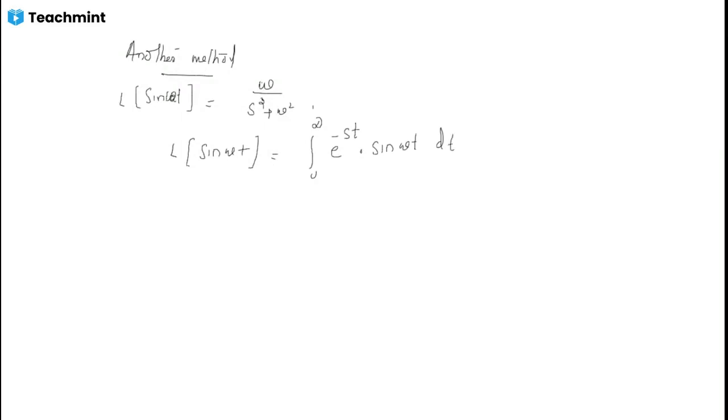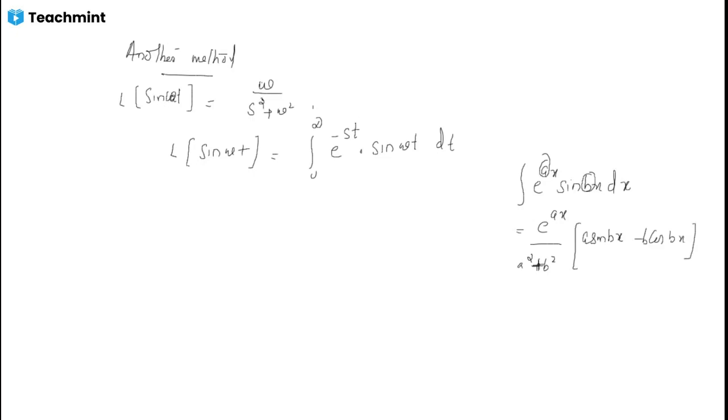We know the formula. What is the formula of the integral e raised to ax into sin bx dx? It is e raised to ax by a square plus b square into a sin bx minus b cos bx.